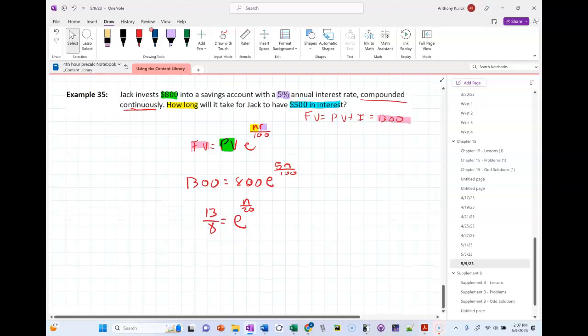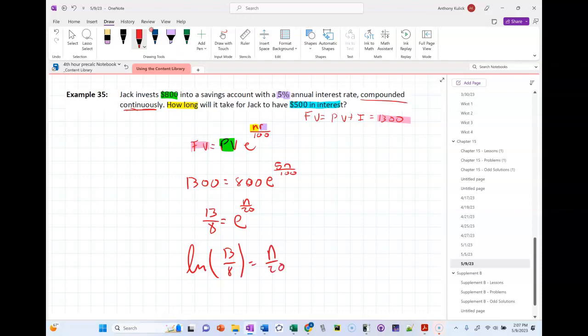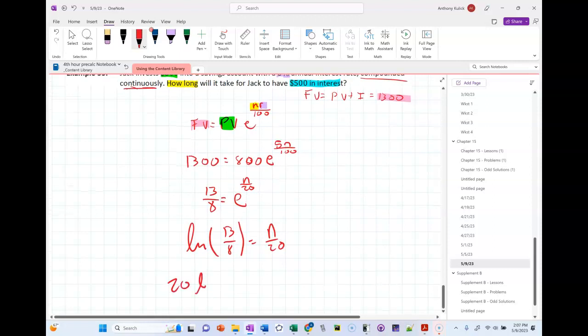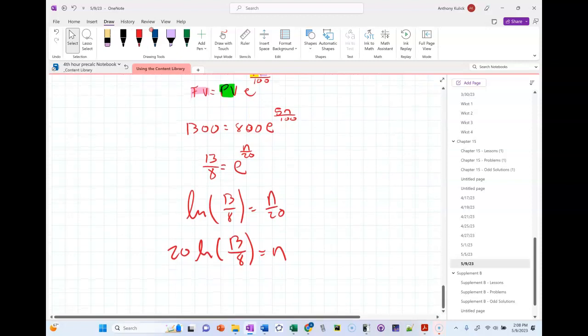Yep, that's correct. Very good. And then we just need to multiply both sides by 20. And we're good.